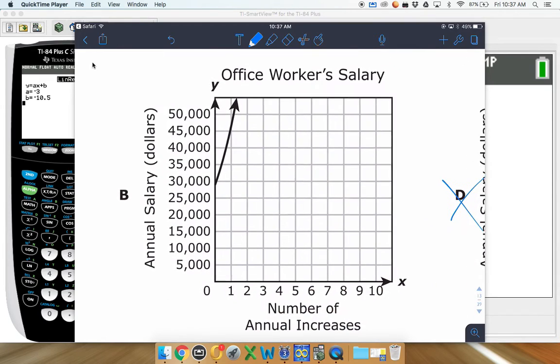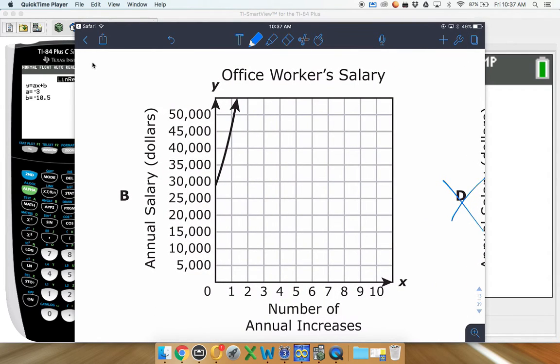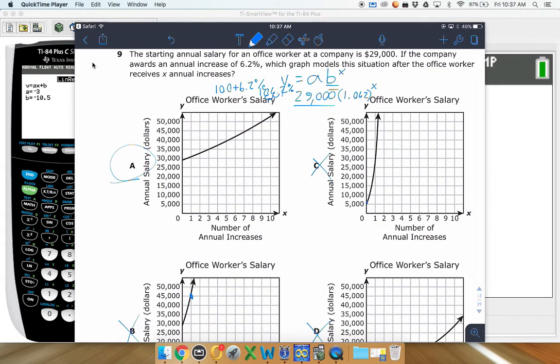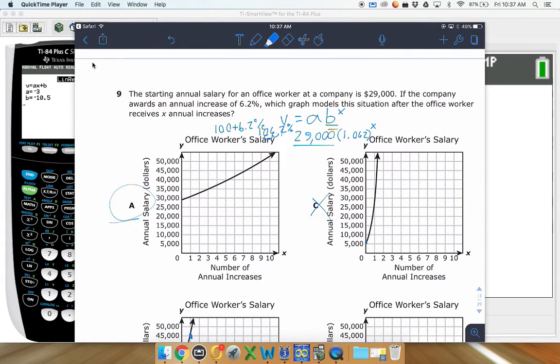This option B here says after your first year you're making 4,500. I mean, you're basically going up by $15,000 there. That's a huge raise right there. Obviously, that can't be the option. So it's going to be option A. So once again, you want to use the idea of where you're starting from. You're starting at the 2,900, and then you're slowly going up over time.